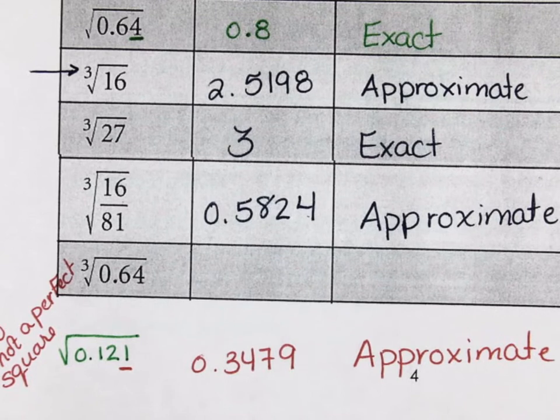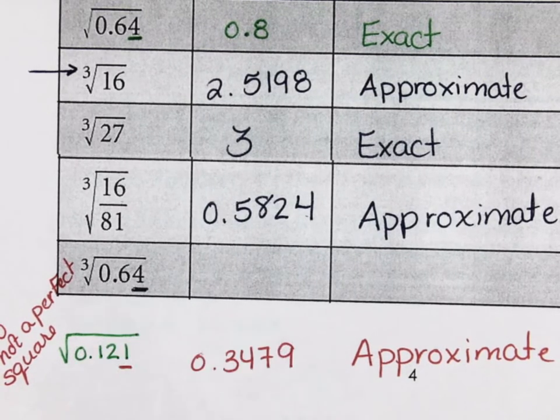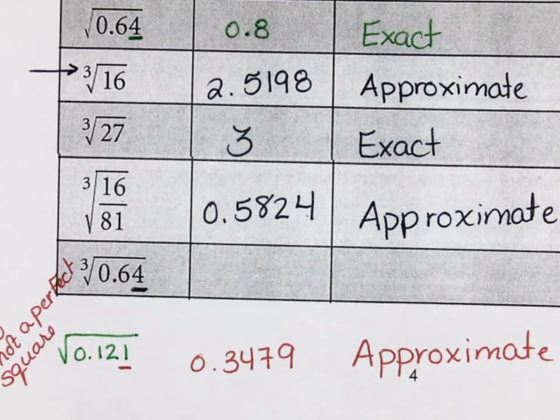All right, 64, is that a perfect cube? Yes, it is, which is awesome. What place value is that 4 in? It's in the hundreds. Is 100 a perfect cube?